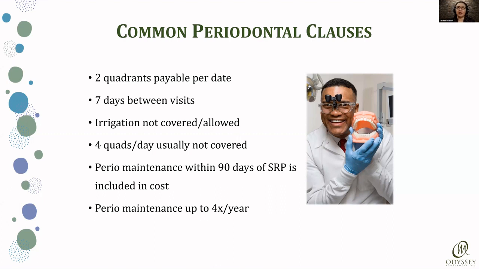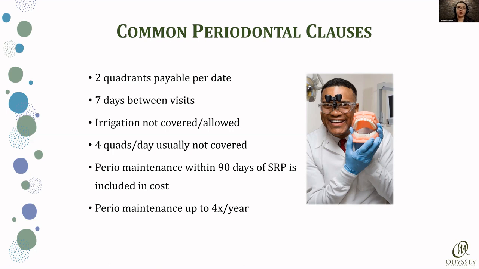Okay, and for perio maintenance, typically up to 4 times a year, we see it covered. If the patient has any additional health issues, being pregnant, for example, or if they have diabetes, if their plan offers additional cleanings because of that, they will need to make sure that they let their dental carrier know.